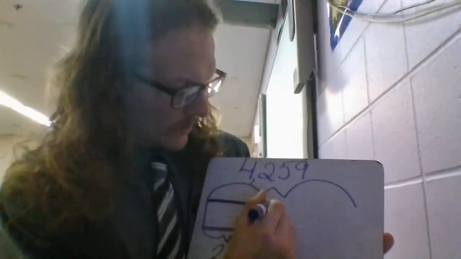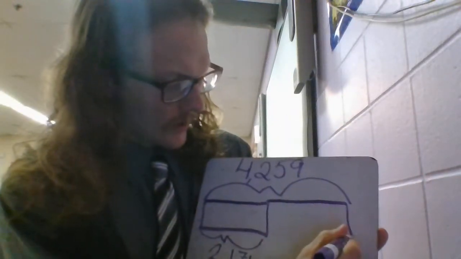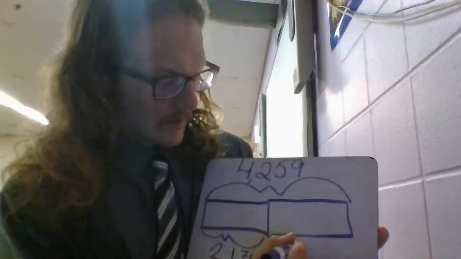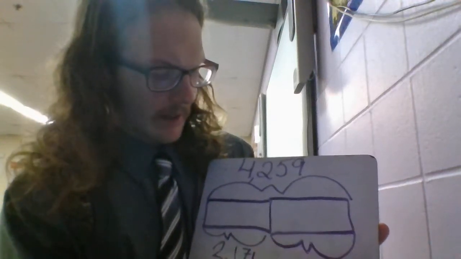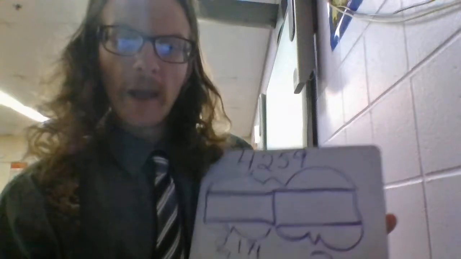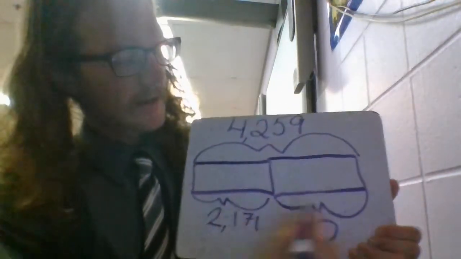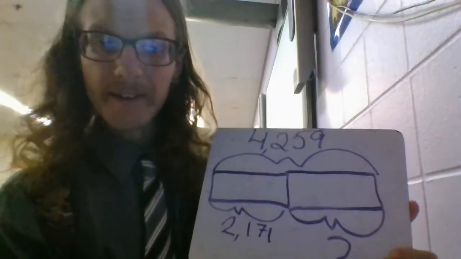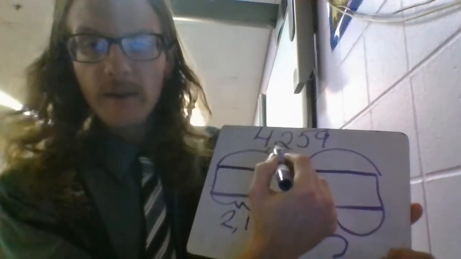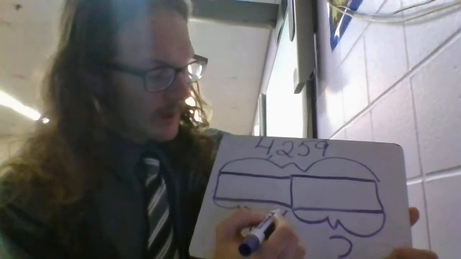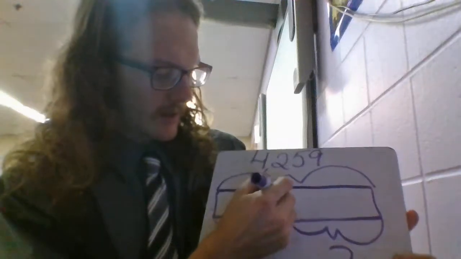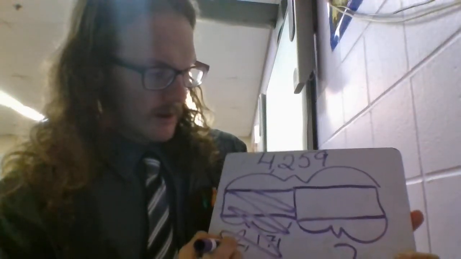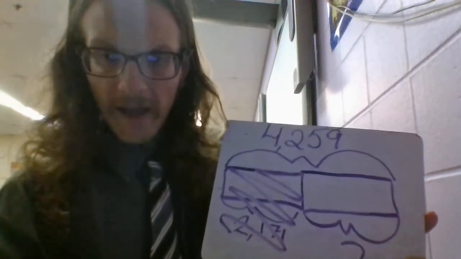What we don't know is what is this right here. And that's what we're going to figure out, this space that makes up that difference. So we know how many there are total. We know that we need to take away this number, and we need to figure out what's left.